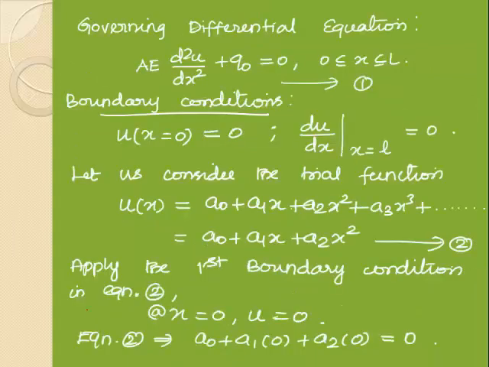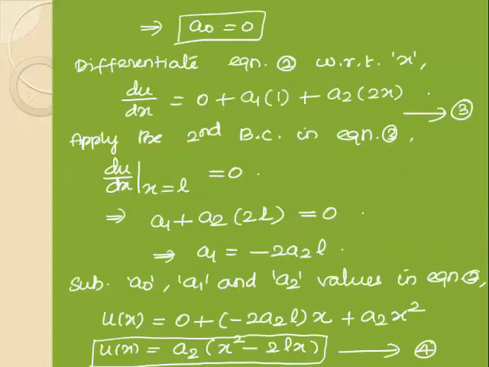The order of the governing differential equation for the considered problem is 2, AE d square u by dx square, the order is 2. So we have to raise this equation to order 2. By differentiating the above expression once with respect to x, a2 into the differential form for x square is 2x minus 2lx, 2l.